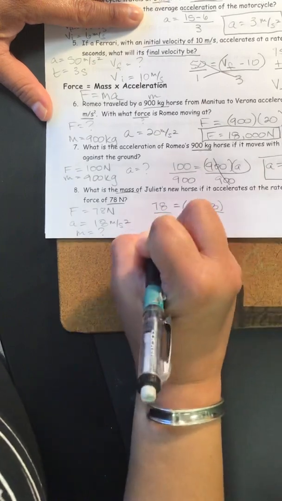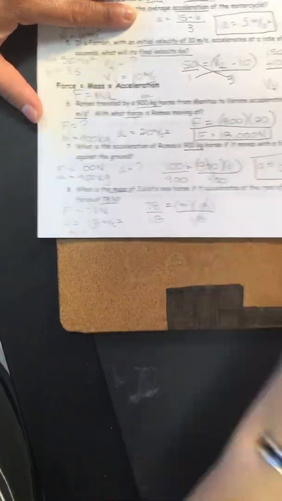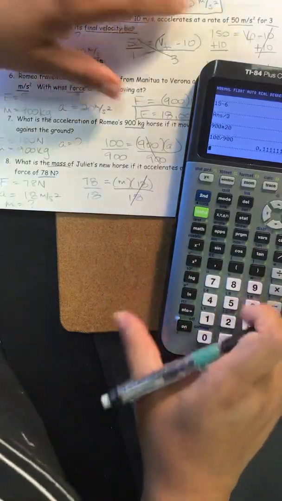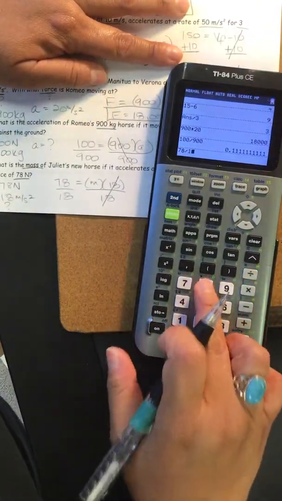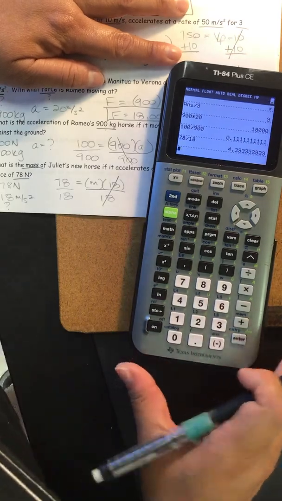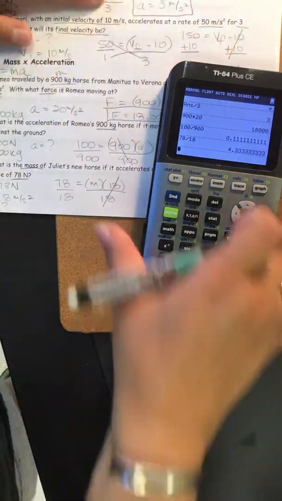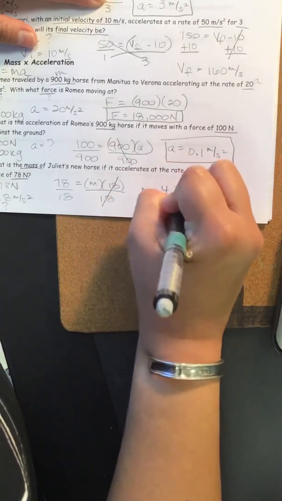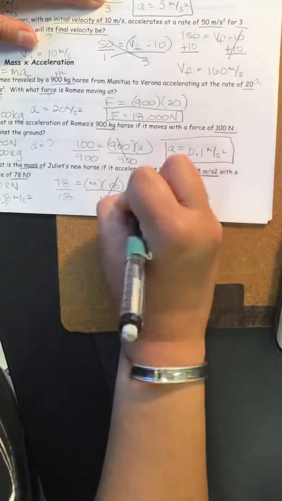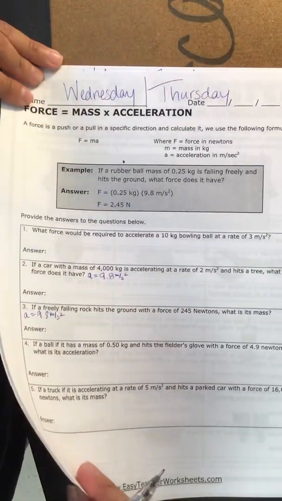Divide both sides by 18. 18 cancels out. 78 divided by 18, 4.3. So your mass is equal to 4.3 kilograms. All right, so now work on those problems there.